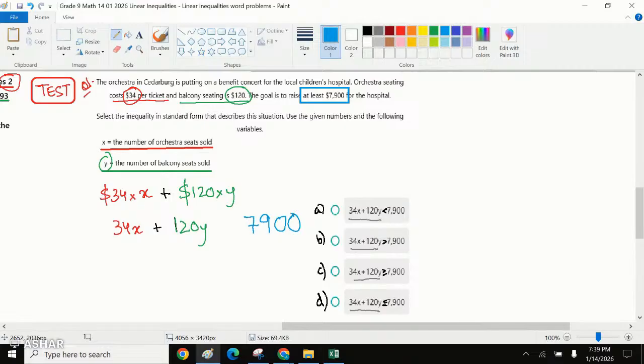At least means it could be equal also, right? That means option A and option B is not possible. Agreed? So from option C and option D, which option should be the correct option when it says at least?